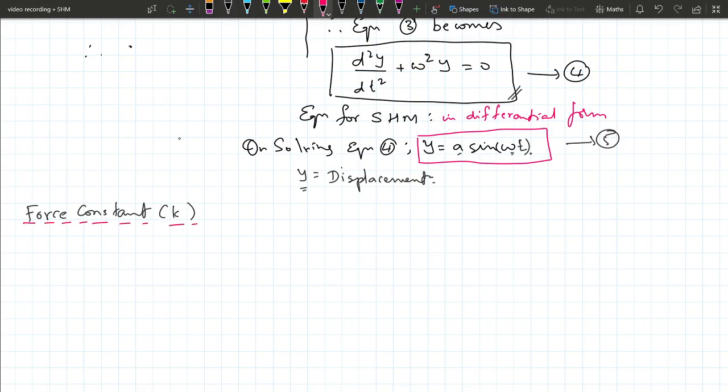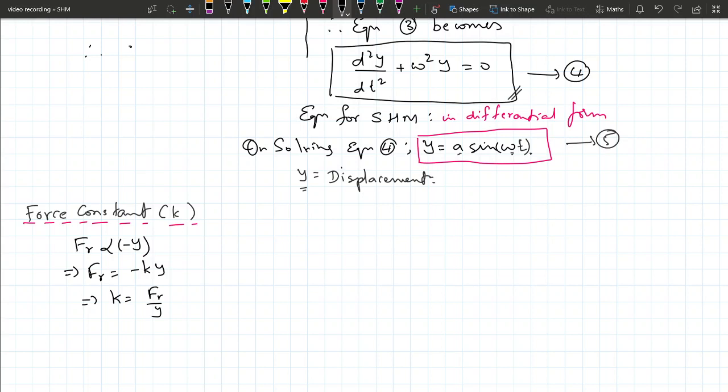Now we know that the restoring force Fr is proportional to the displacement, and it should be pointing towards the equilibrium. So the restoring force is proportional to minus y. If I remove the proportionality sign, I get minus of K into y, just as we have done above. If you rearrange it for K, you get Fr divided by y.